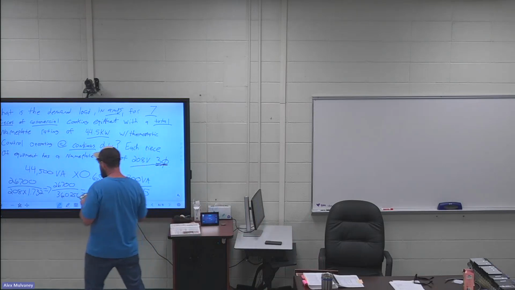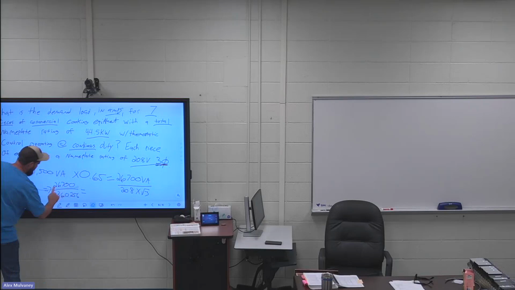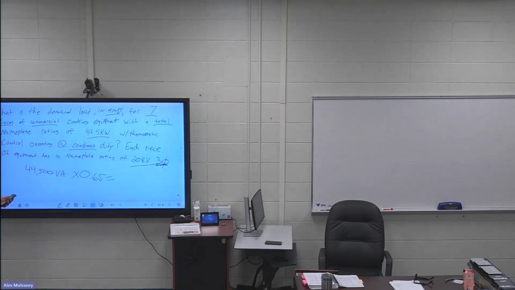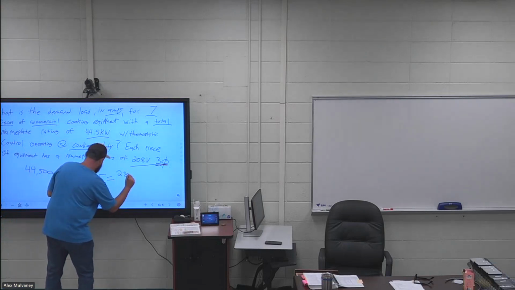Give me bad numbers, man. $44,500. All right. 44,500 times 0.65 is 28,925.